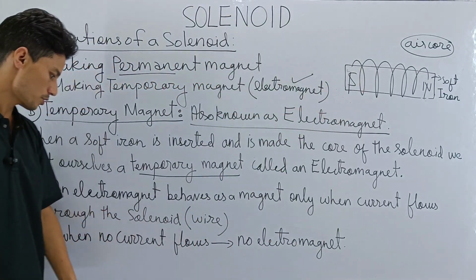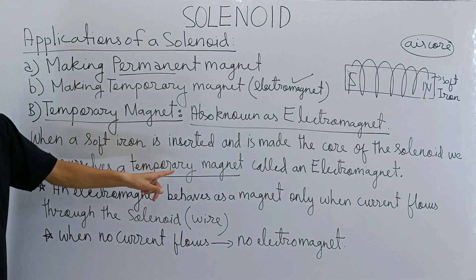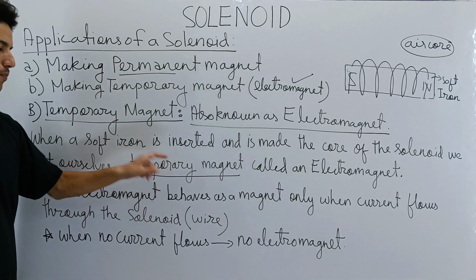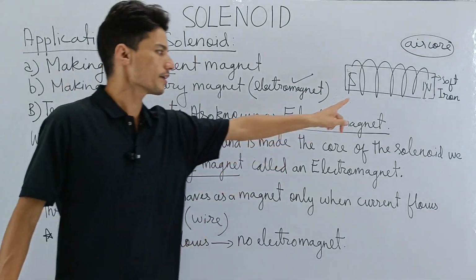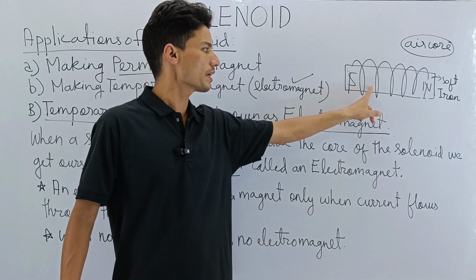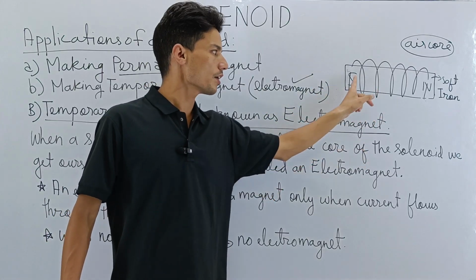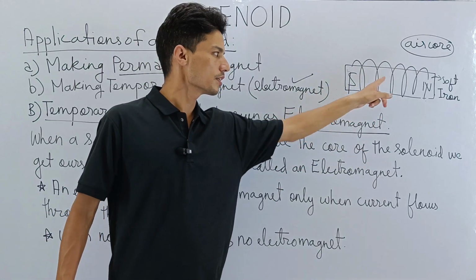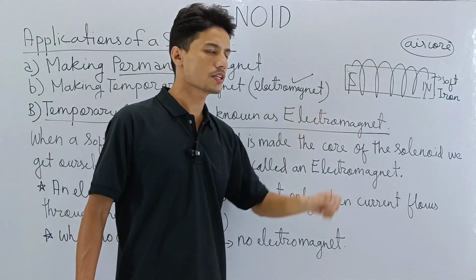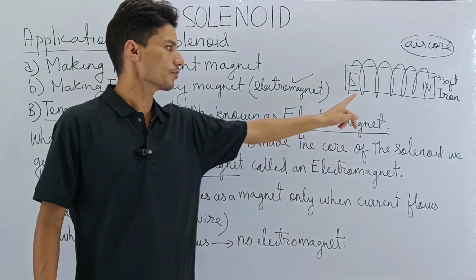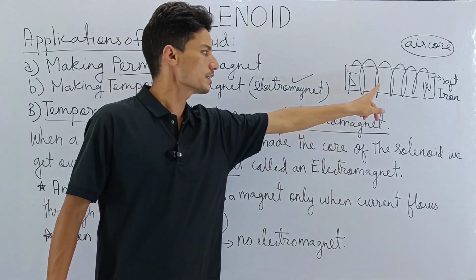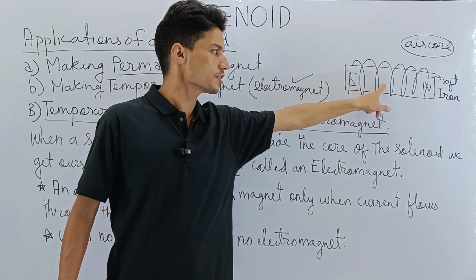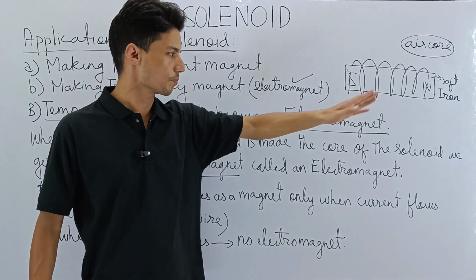So remember this, my dear students, that an electromagnet is a temporary magnet. This soft iron core will behave like a magnet as long as current is passed through the wire, as long as current is passed through the solenoid. But when the flow of current is stopped, when you switch it off, then the magnetic properties which it was showing will also stop.